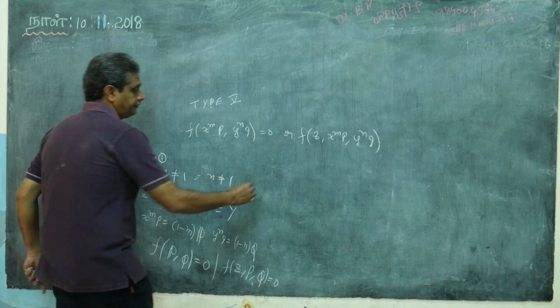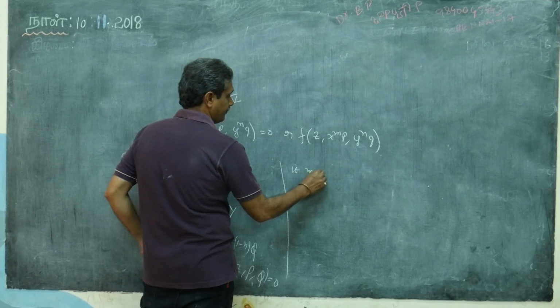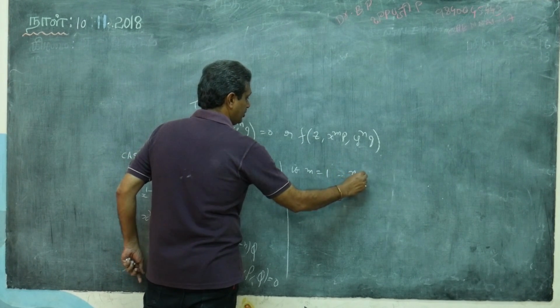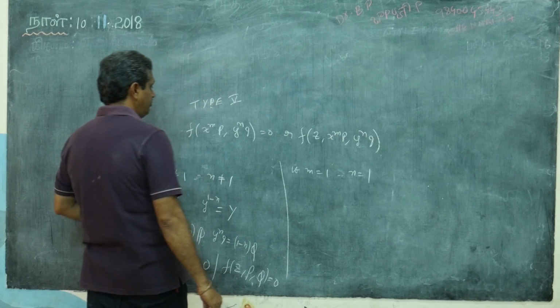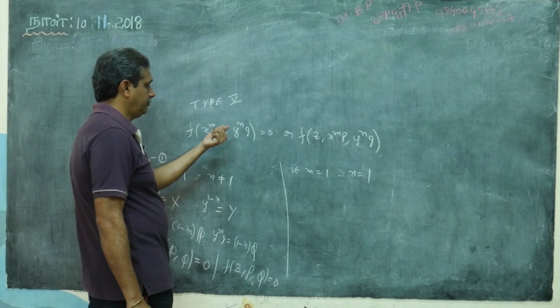Next case: if m is equal to 1 and n is equal to 1, my shape is x p, y q.